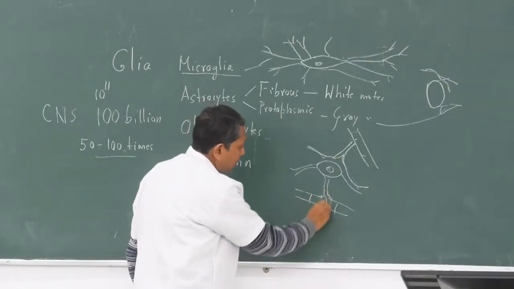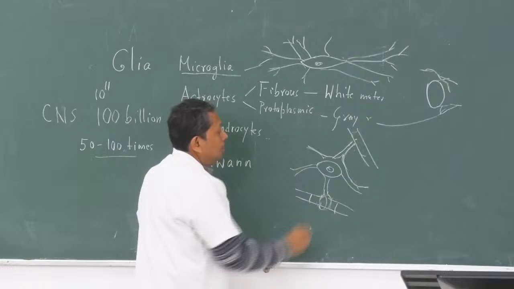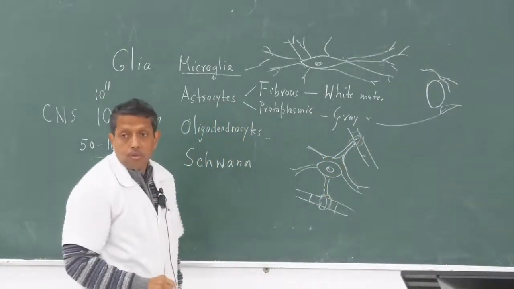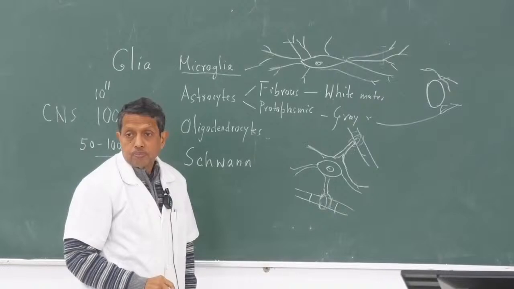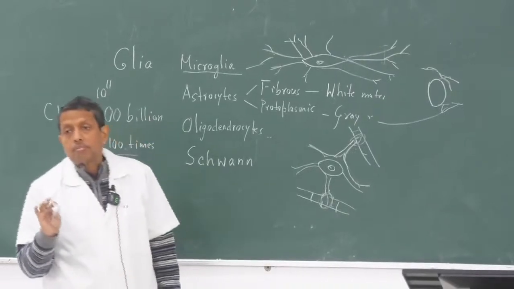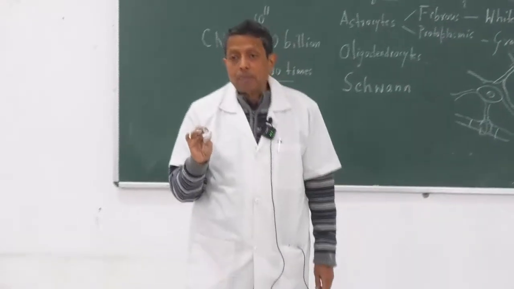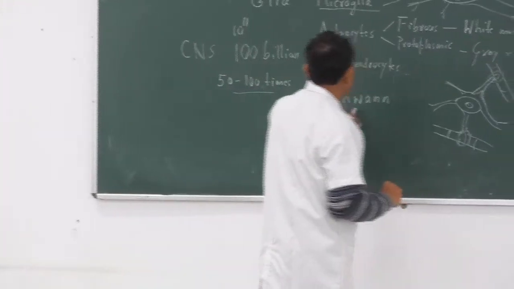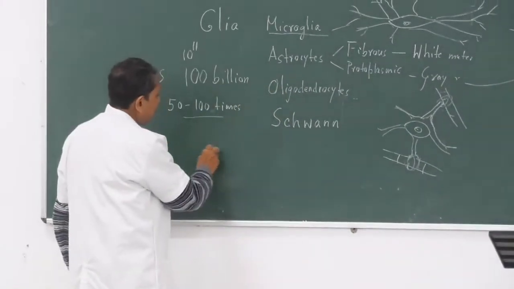It winds around in this way. In the case of peripheral nerves, we discussed that axons have myelination by Schwann cells.